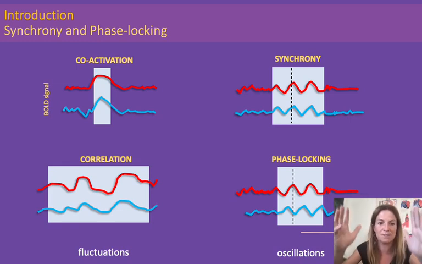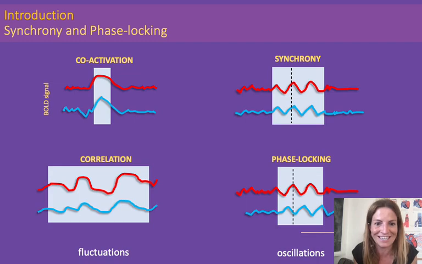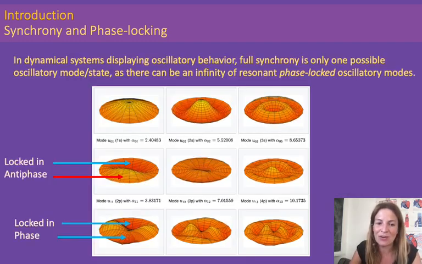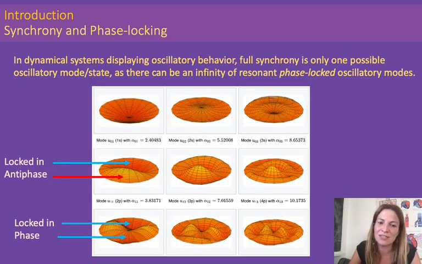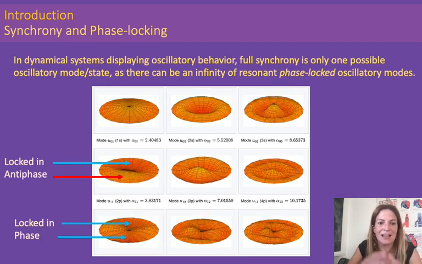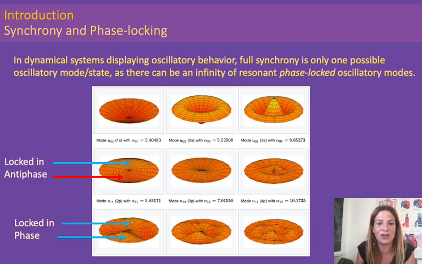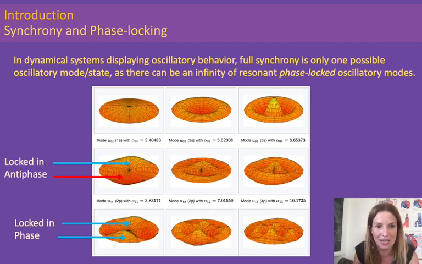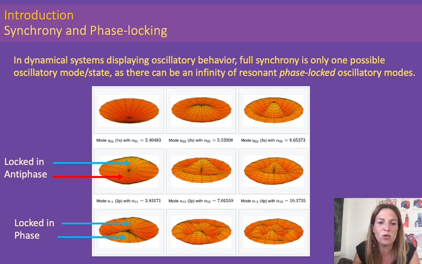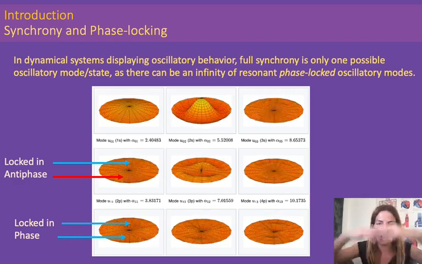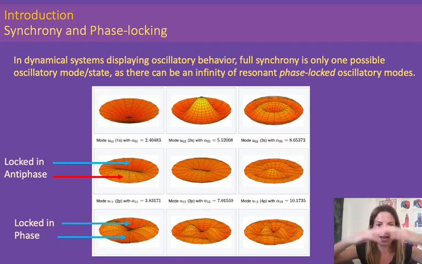Okay, so these concepts of synchrony and phase locking have the implicit assumption that there is an oscillation driving this signal. Okay, and when we talk about oscillations, it's very interesting because many systems in nature exhibit this oscillatory behavior, and oscillatory modes do not necessarily need the whole system to be synchronized in phase.